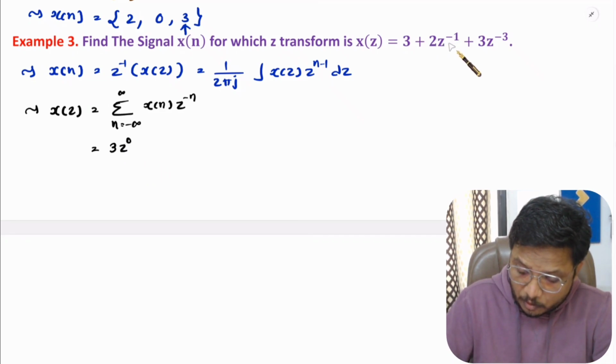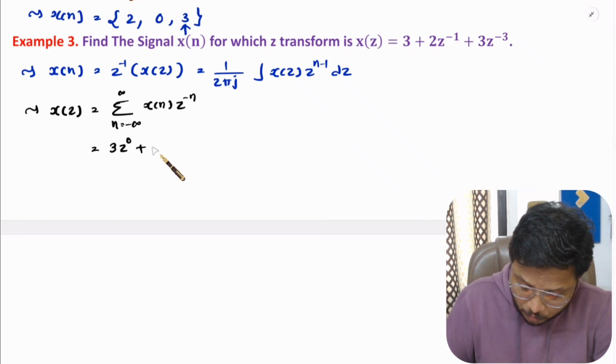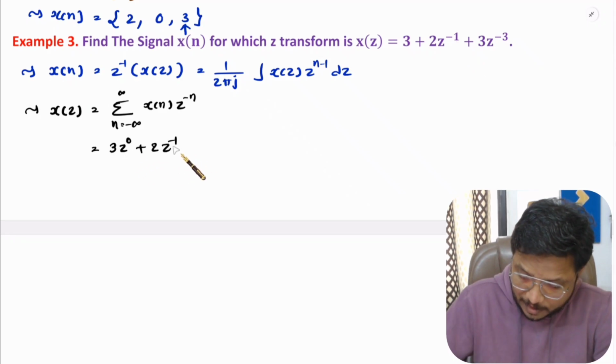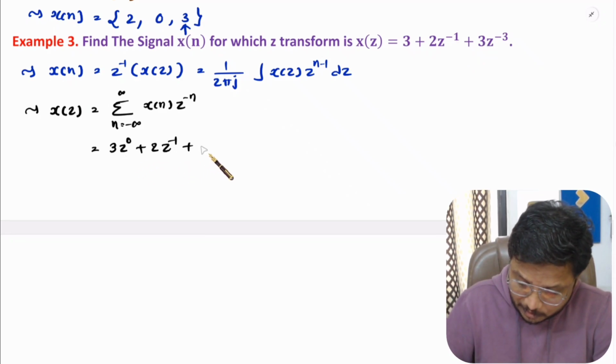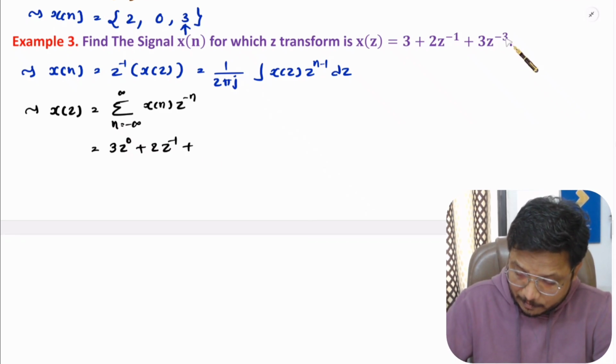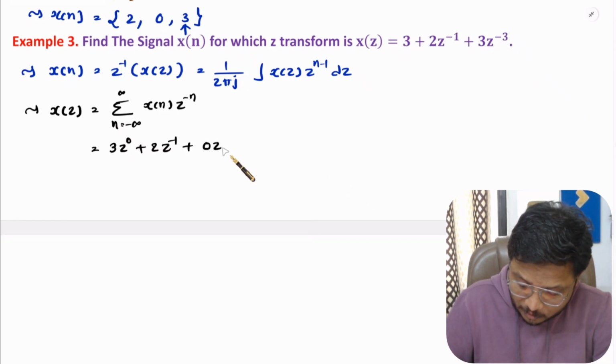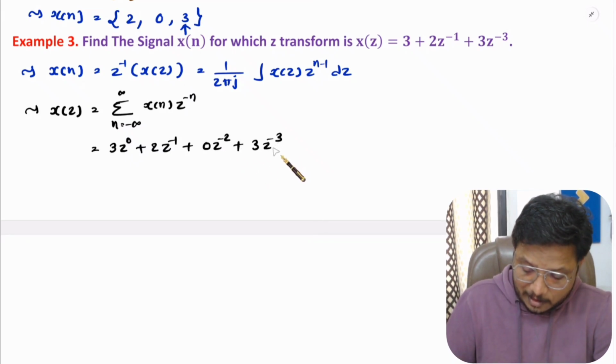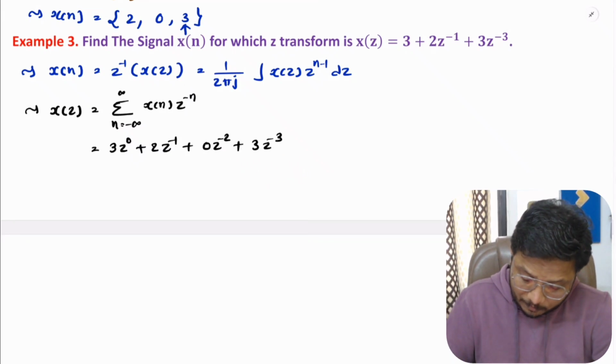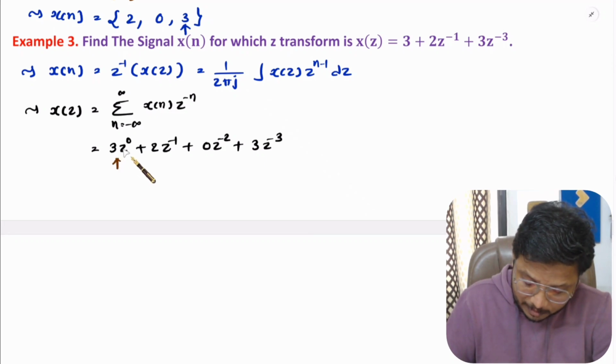Then we have the coefficient of z to the power minus 1, which is 2, right? Then we have coefficient 3 with z to the power minus 3. But the z to the power minus 2 coefficient is not there. So 0 into z to the power minus 2 plus 3 into z to the power minus 3. Right. So here, at z to the power 0, we have x of 0.